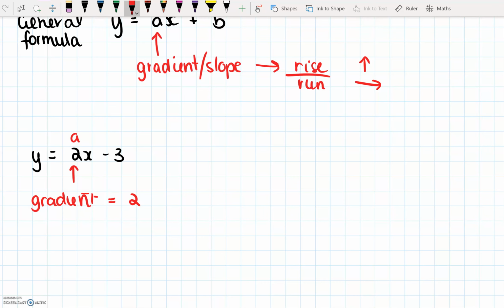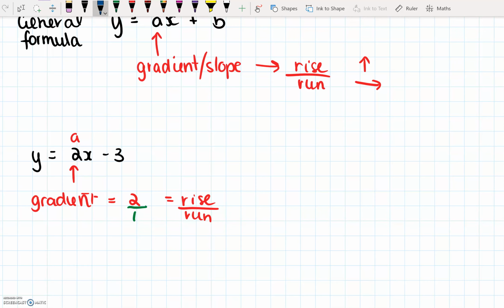Remember we said this is the rise over the run. Now 2 doesn't look like rise over run. Rise over run is a fraction, and 2 doesn't have a fraction as part of it. But we can write 2 as a fraction by writing it as 2 over 1, or 2 divided by 1, because you know that 2 divided by 1 is still the same thing as 2.